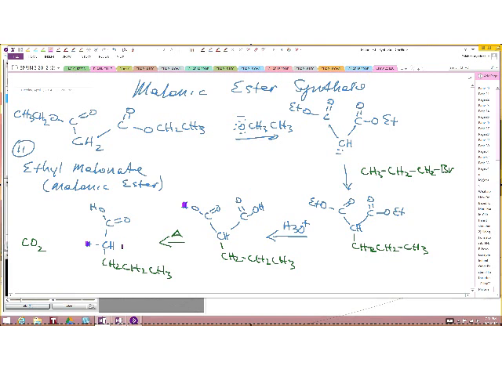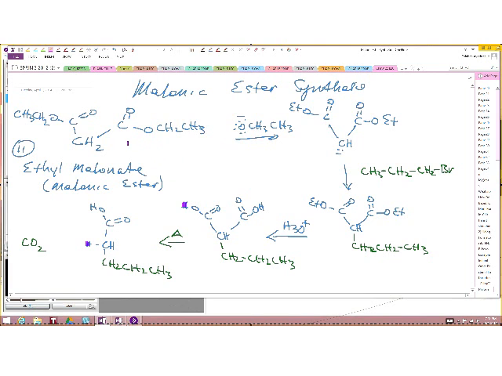You also notice here, when you lose your carbon dioxide, the hydrogen that is attached to one of the carboxyl group will now be attached to the alpha carbon relative to the carboxyl group that is left.